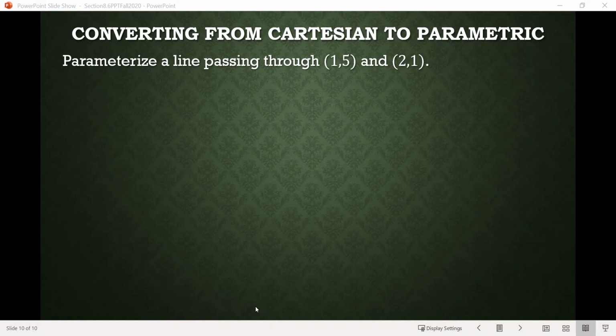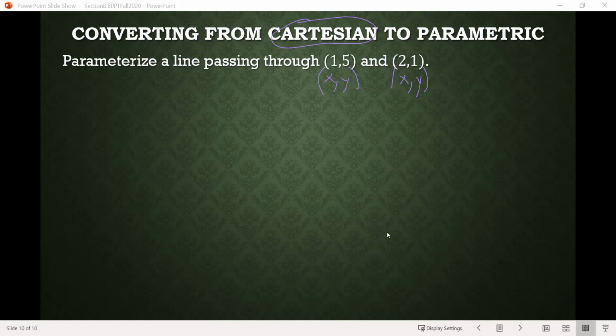And we know, assuming that these are in Cartesian coordinates, which we can because it says right here, we know that these are 2 sets of x and y coordinates, right? In order to parameterize, what we need to do is introduce a third variable that'll be a parameter. And as per normal, we use t as that third variable.